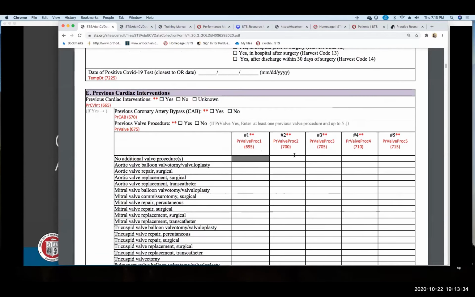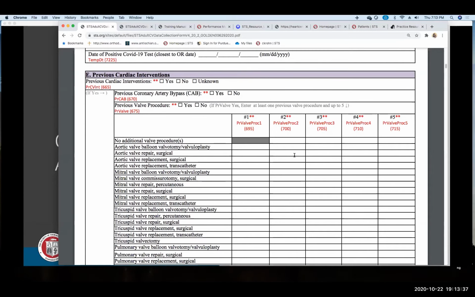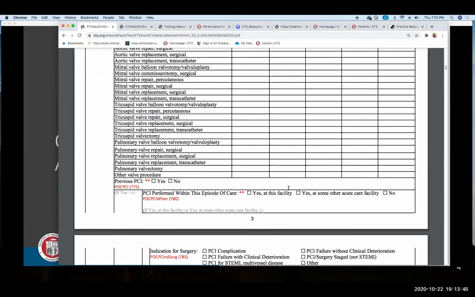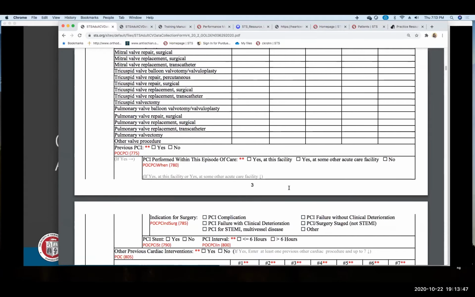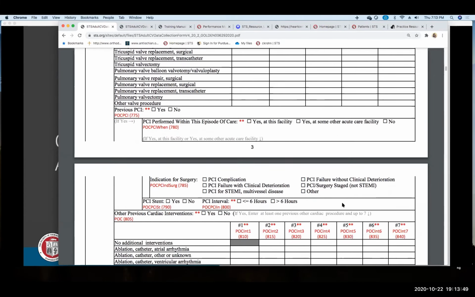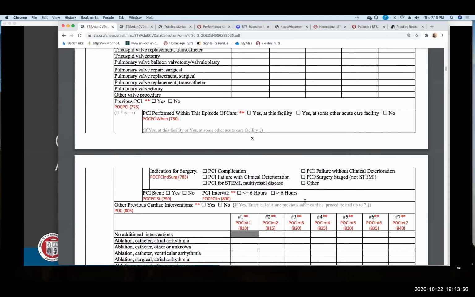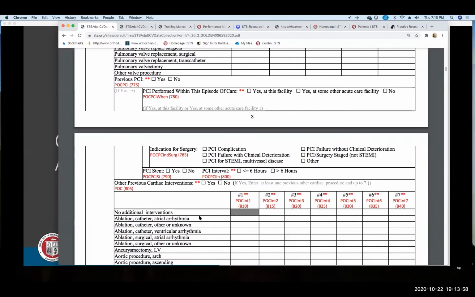We then collect information on previous cardiac interventions, and we get down to any previous cardiac interventions, previous valves. We get granular in that section, and then previous PCIs and when those PCIs were performed. And if that PCI failure resulted in this current emergent or urgent procedure.